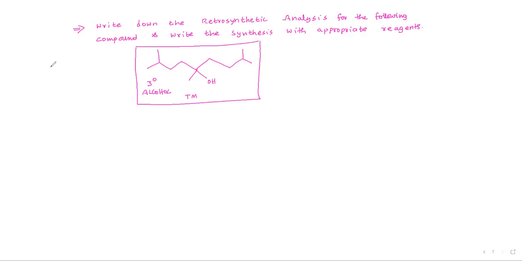And we know that a tertiary alcohol is formed by the reaction of a ketone plus a Grignard reagent, followed by hydrolysis, which gives the tertiary alcohol.